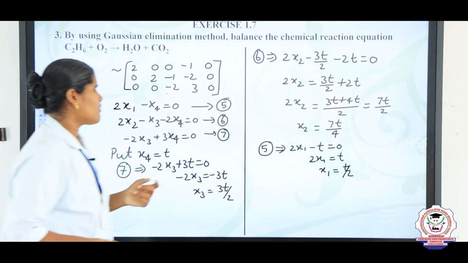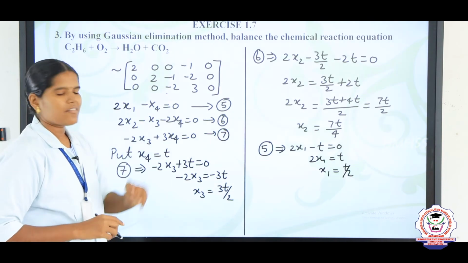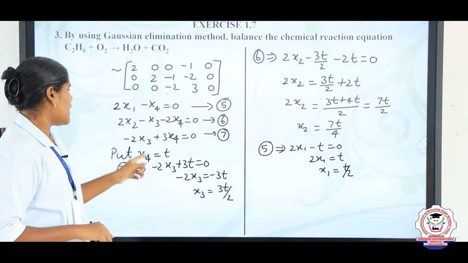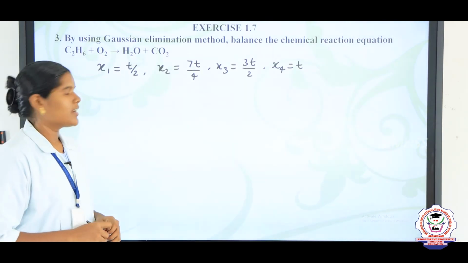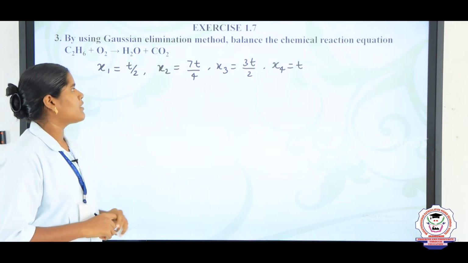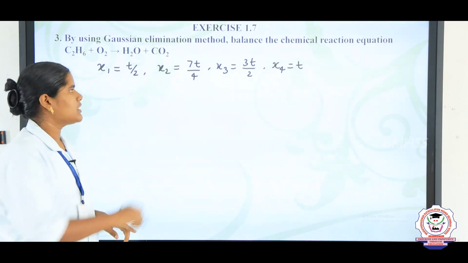So these are the 4 values, that is x1 is t by 2 and x2 is 7t divided by 4 and x3 is 3t divided by 2 and x4 is t. Okay. So the value for x1 is t by 2 and x2 is 7t divided by 4 and x3 is 3t divided by 2 and x4 value is t.